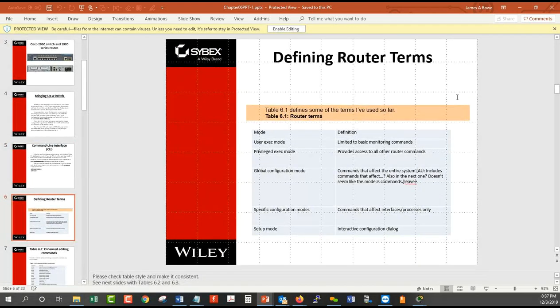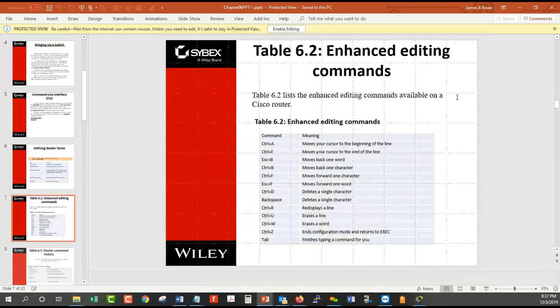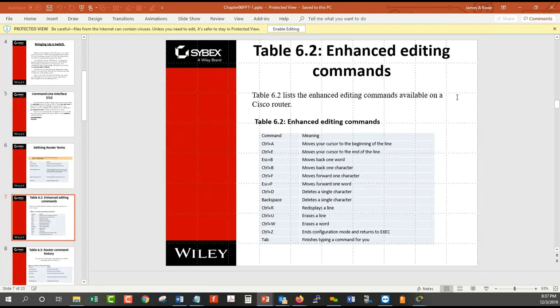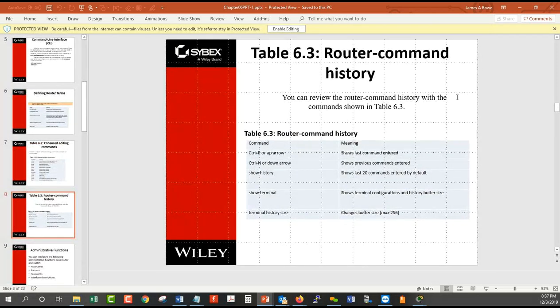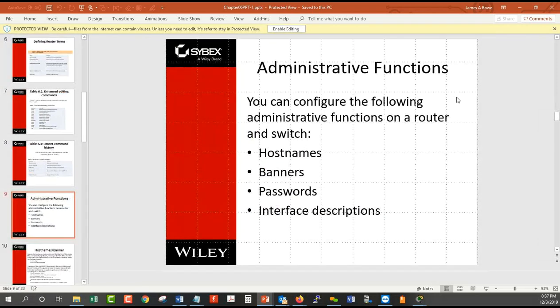You know what the user exec, the privileged mode, the global configuration mode. We've talked about all of this, and we've honestly been talking about it since almost the very first class, because I like to get into it immediately and get you comfortable with it. Some of the different editing commands, it's always a good thing to go through and just review these. Router command history, again, just review some of this, okay?